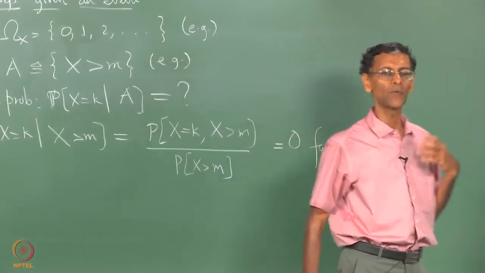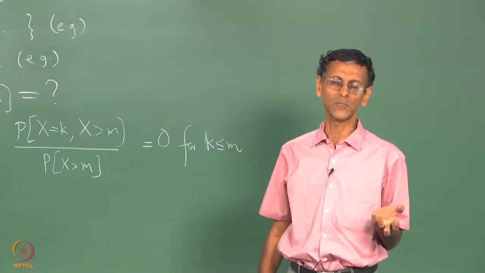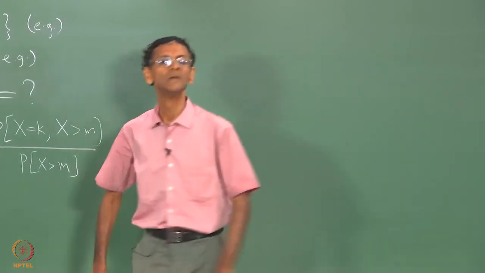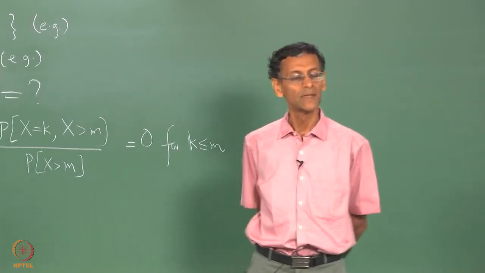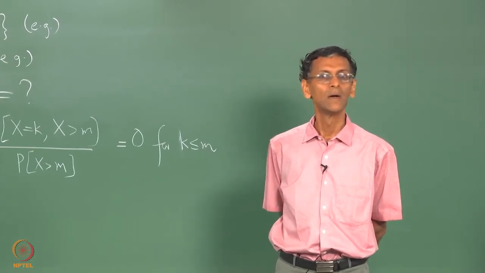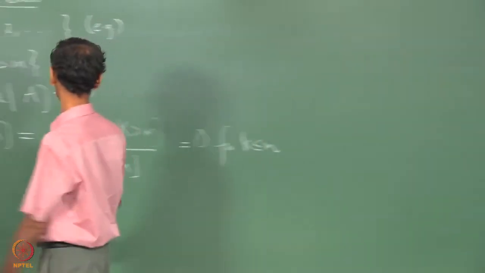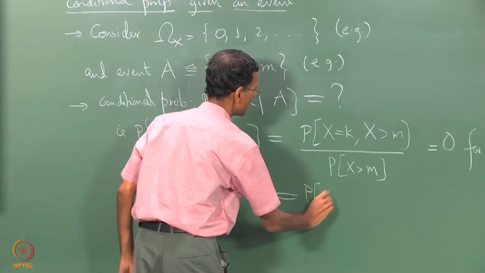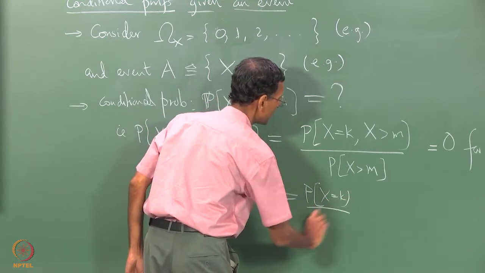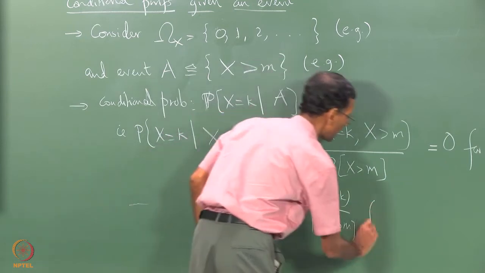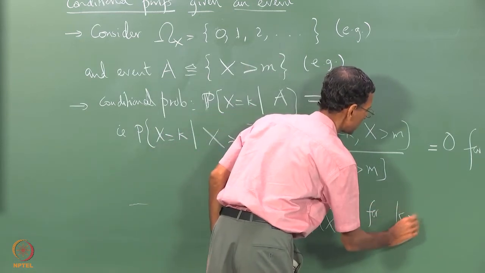X equal to k is only one possible value, so that is obviously a subset of the event A, the event x greater than m. So this will be simply the probability of x equal to k divided by the probability that x is greater than m, for k greater than m.